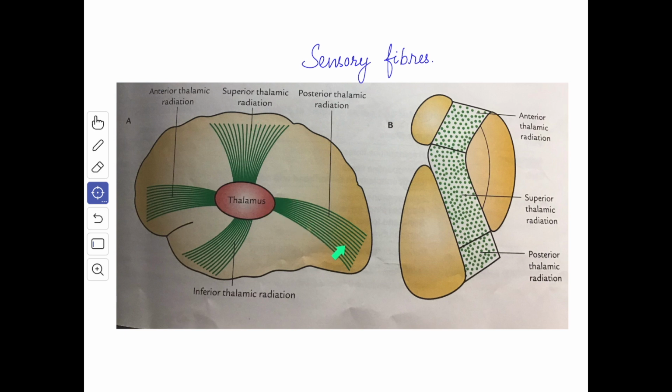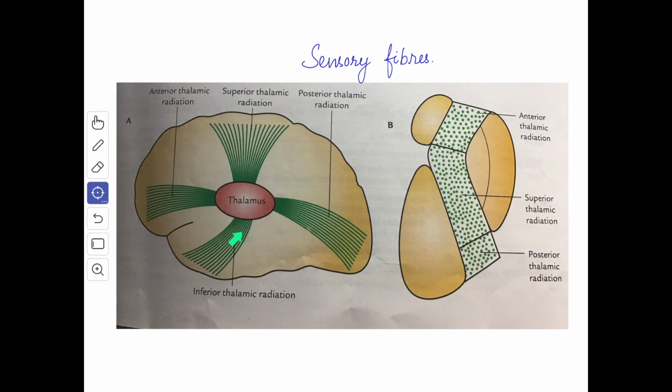Next you have the posterior thalamic radiation which is directed posteriorly. The fibers of the posterior thalamic radiation pass through the retrolentiform part of the internal capsule and they connect the lateral geniculate body to the primary visual cortex of the occipital lobe, forming the optic radiation or geniculocalcarine tract.